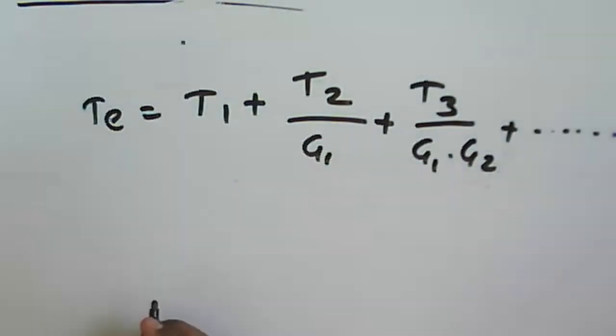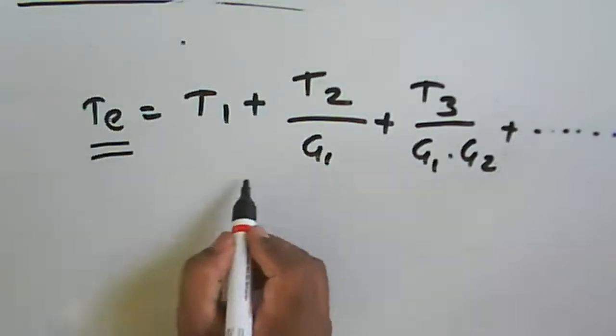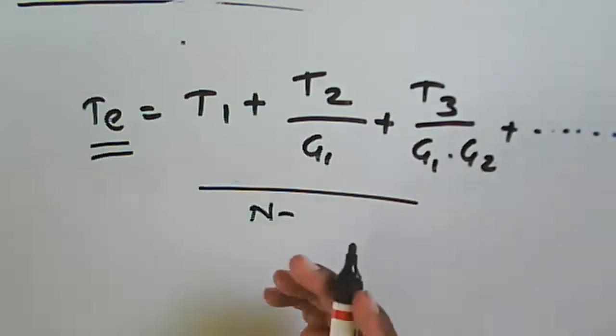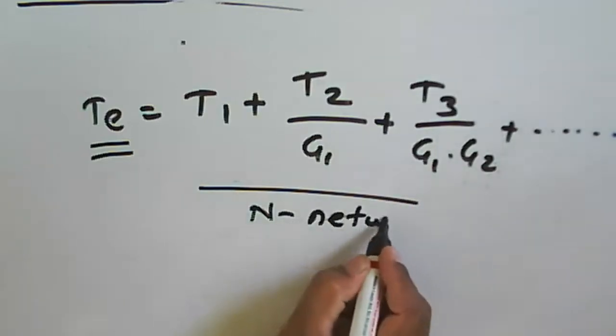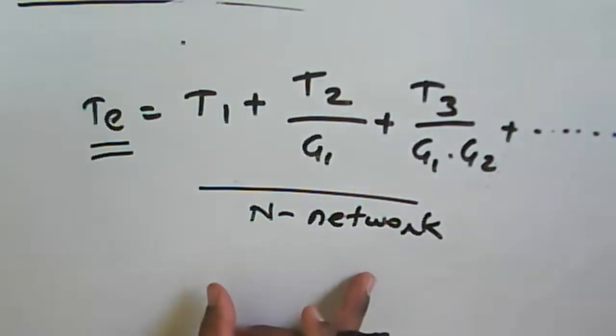So that we will get the effective noise temperature of the system component. You consider that we have n networks, and those networks are in cascade.